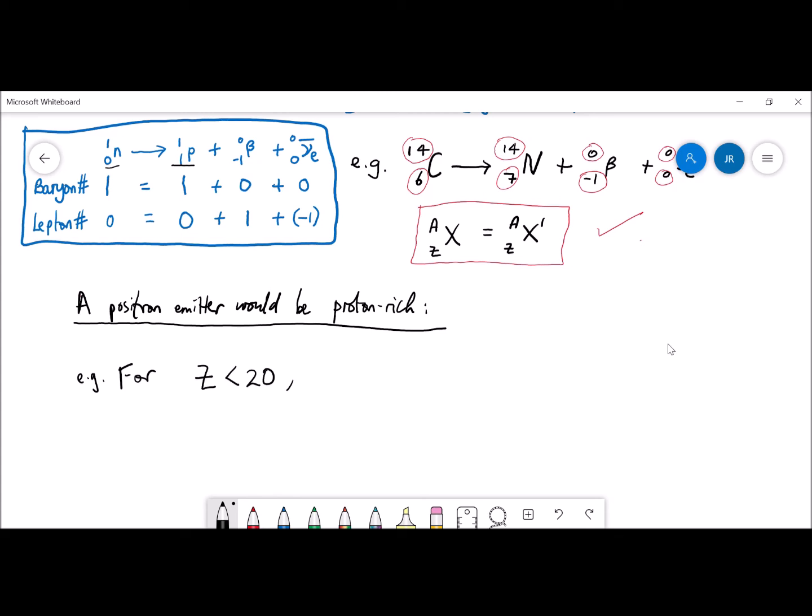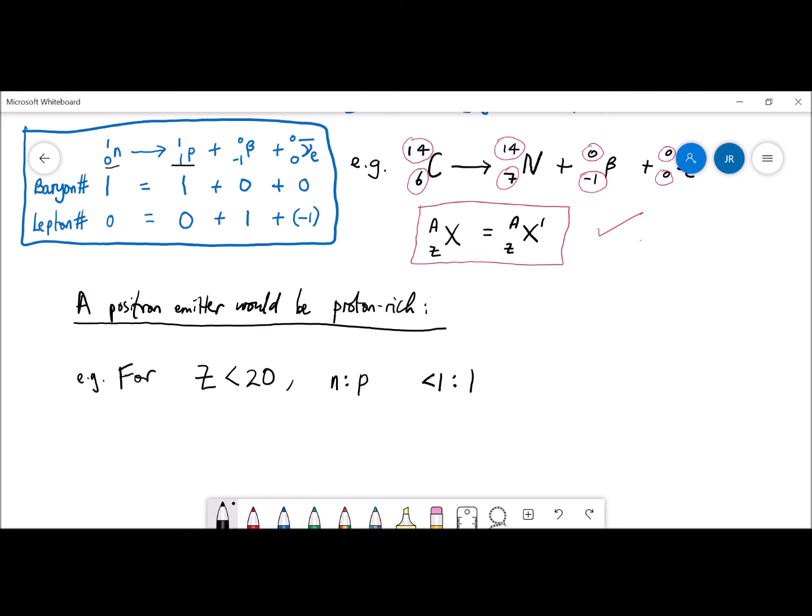For an element with an atomic number less than 20, so something between hydrogen and calcium, then if you were proton rich, your neutron to proton ratio would be something like, well, it should be 1 to 1, so it would be a number less than 1 to 1, right?